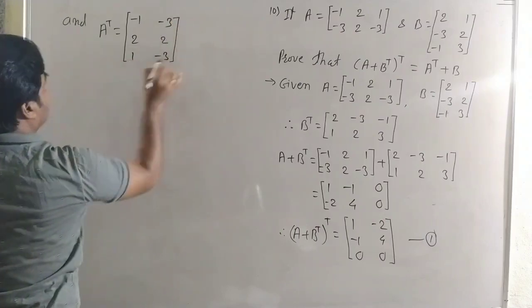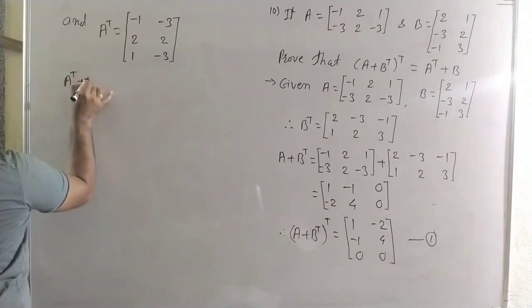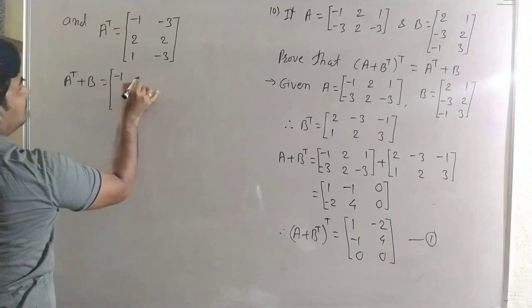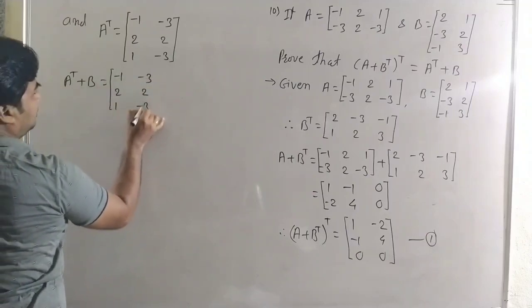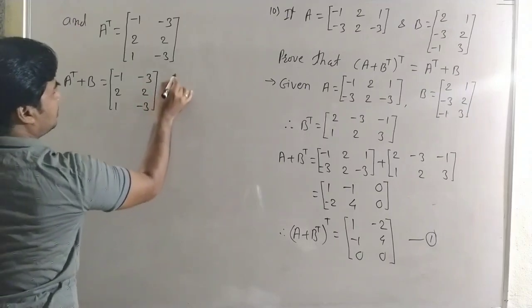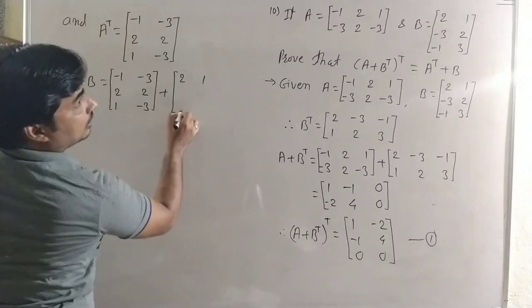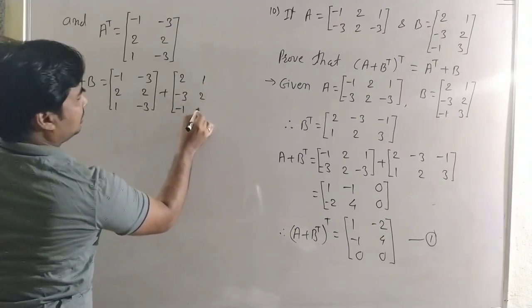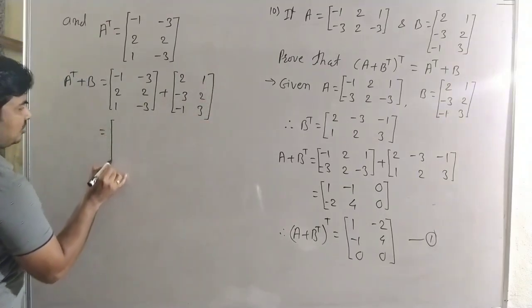It is the A transpose. Now we want to find A transpose plus B: A transpose [-1, -3; 2, 2; 1, -3] plus B [2, 1, -3; 2, -1, 3], and then the addition of these two matrices.